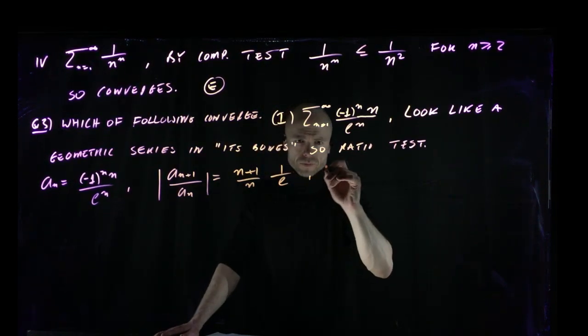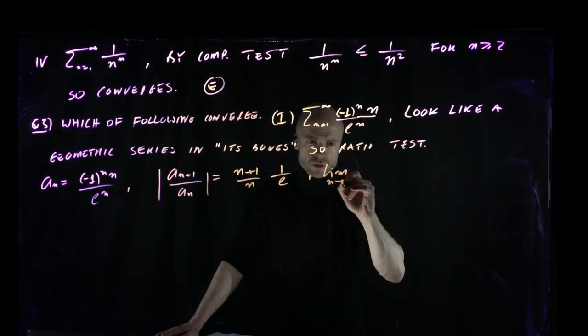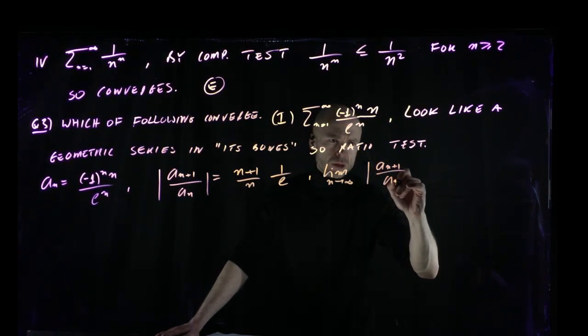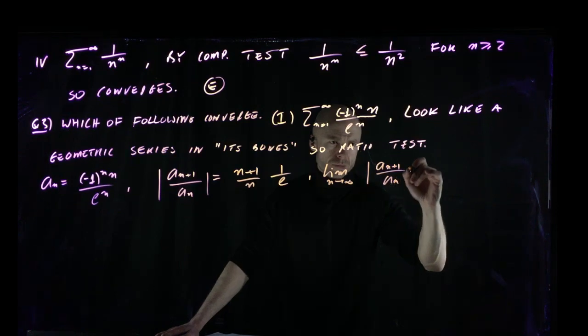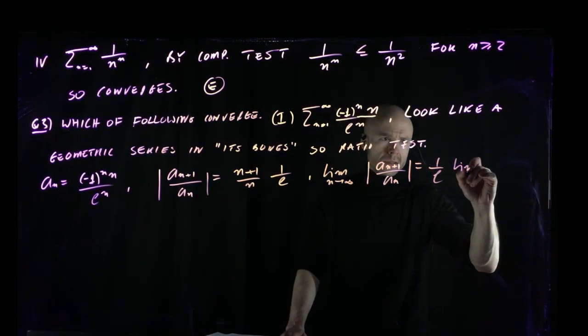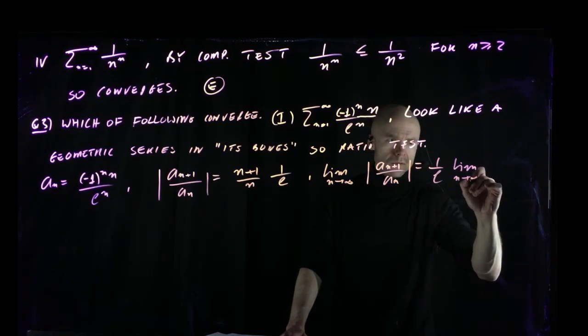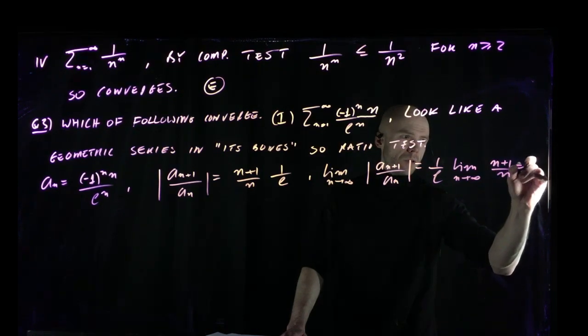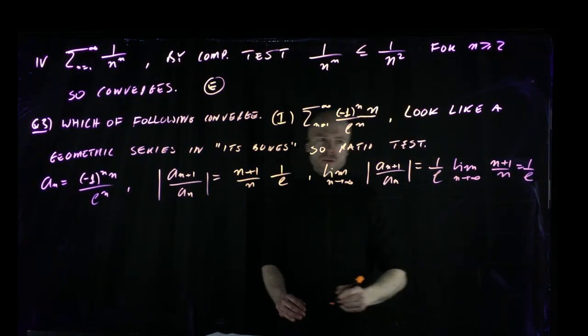So we take the limit as n goes to infinity of a_(n+1) over a_n. This is the same as 1 over e, the limit as n goes to infinity of (n plus 1) over n, which is 1 over e, right?